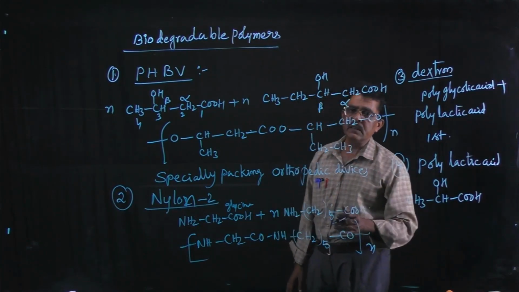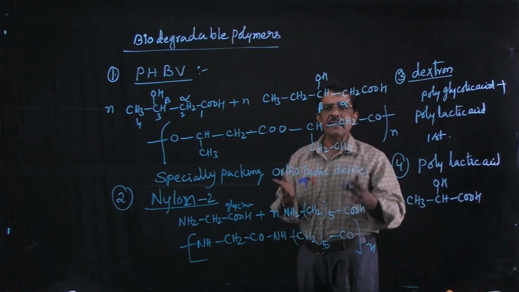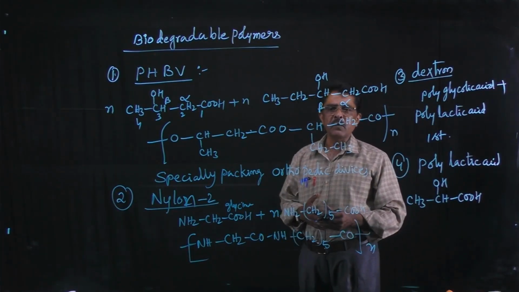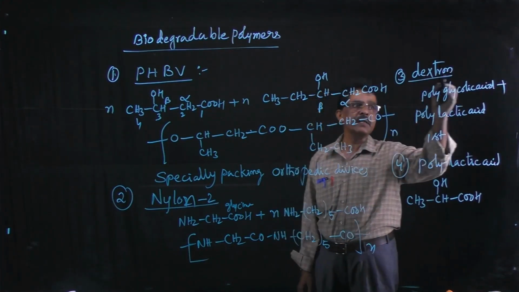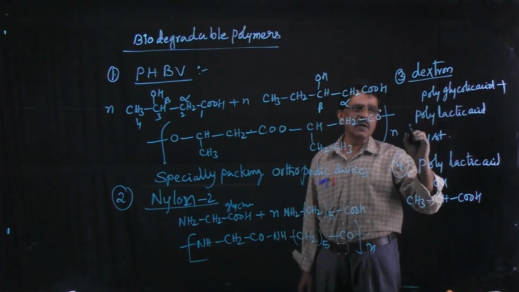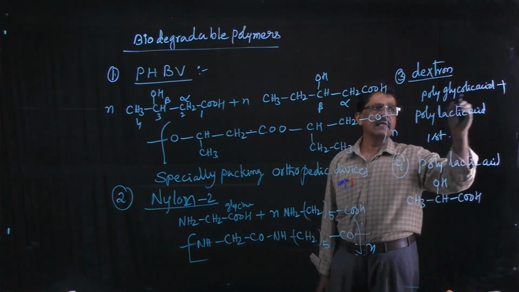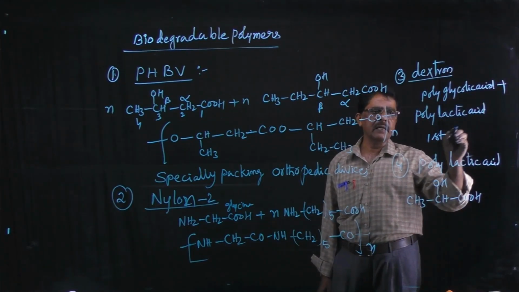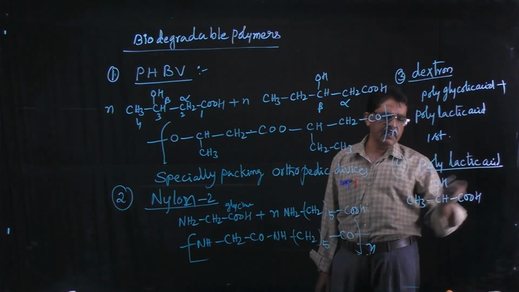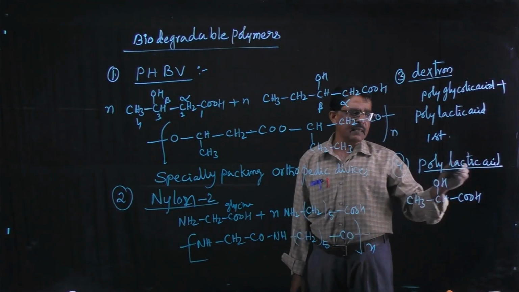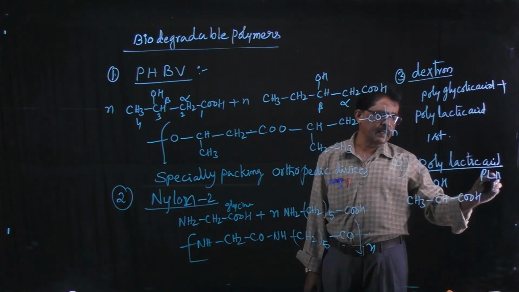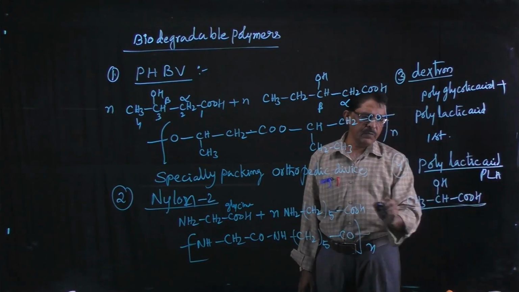That means what? That the polymer is degraded by microorganisms. Next, dextrin is the first biodegradable polymer used, and it is the polymer of polyglycolic acid and polylactic acid. Next one is the lactic acid, polylactic acid, PLA, we can write it. Lactic acid means what?